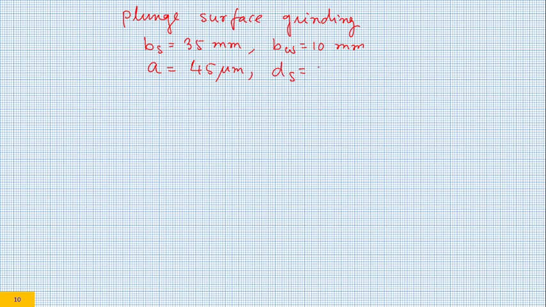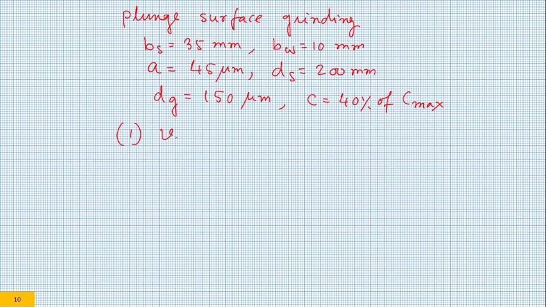DS is 200 millimeter. DG is 150 micron. C is 40% of Cmax. And you have two cases.